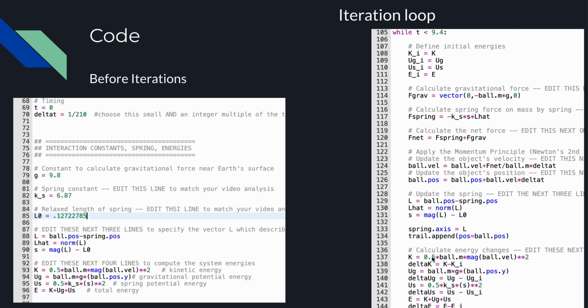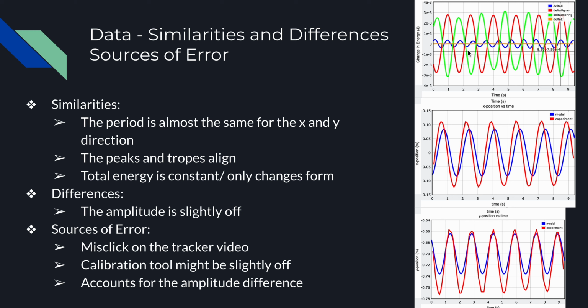And then the energies are going to be calculated with the updated values, and the delta energies are just going to be the final energies minus the initial. After we get that, we see that the yellow line up here represents the delta E, so it's 0, so there was no change in total energy.